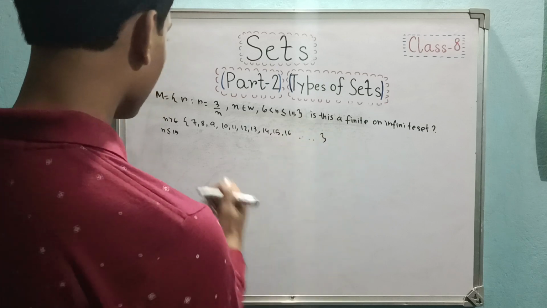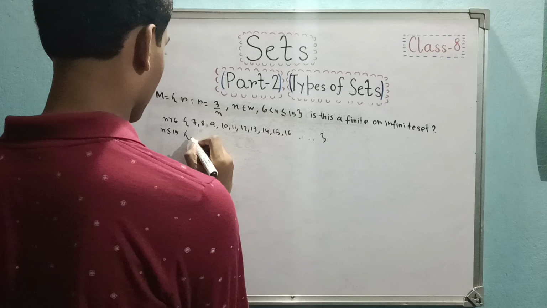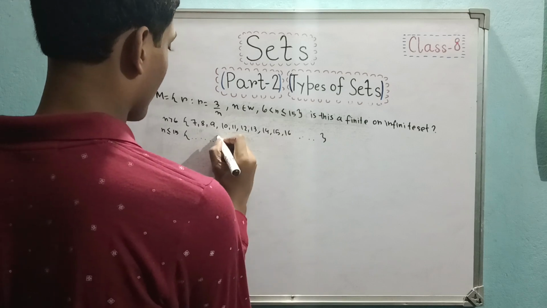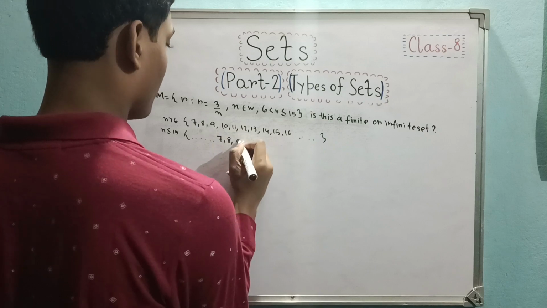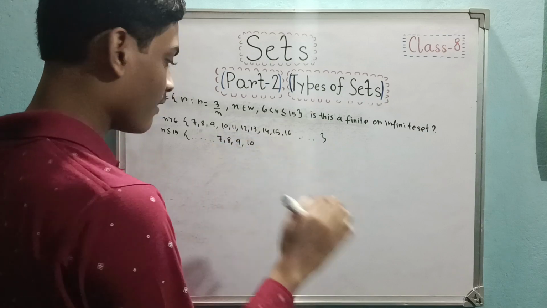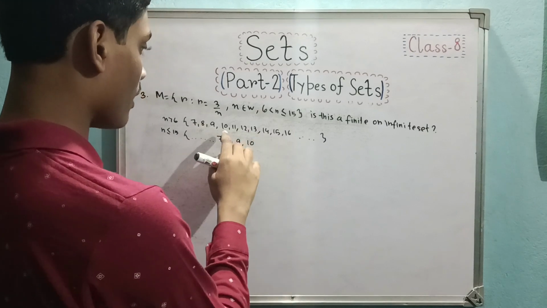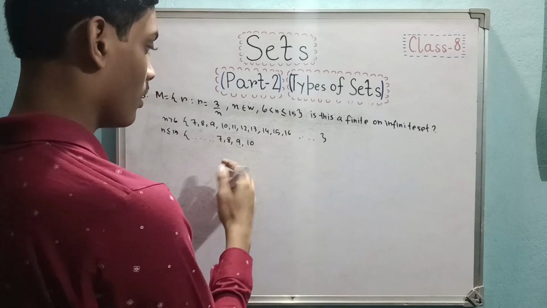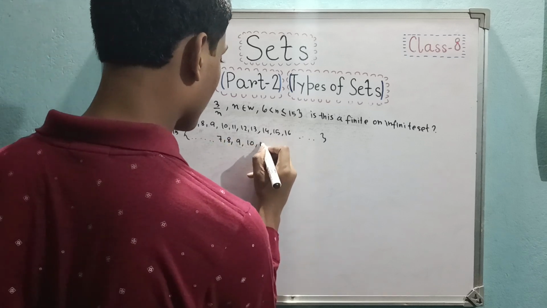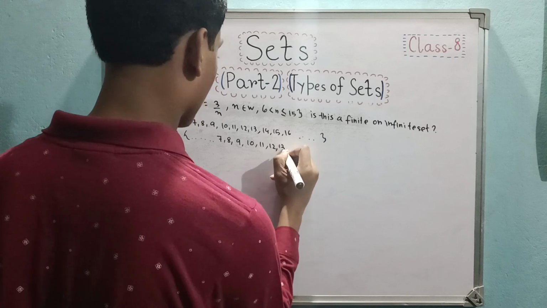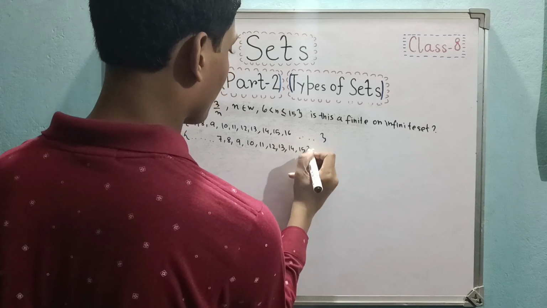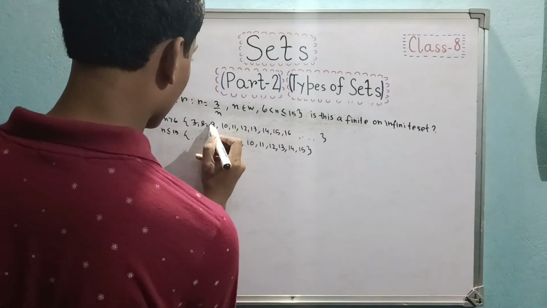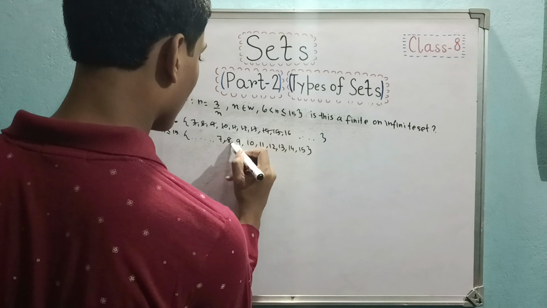For less than or equal to 15, it goes dot dot dot, 7, 8, 9, 10. I am intentionally writing these values so that I can match them. I could have written 8, 9, 10 and omitted 7, you can guess it, but it's better to write it directly in the set. So 14 and 15, less than or equal to means 15 should be included. So the common values here are 7, 8, 9, 10, 11, 12, 13, 14, 15, and here also the same.